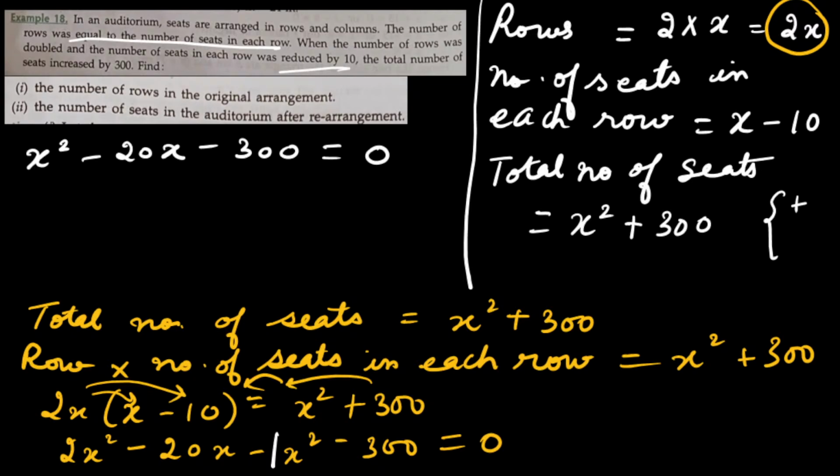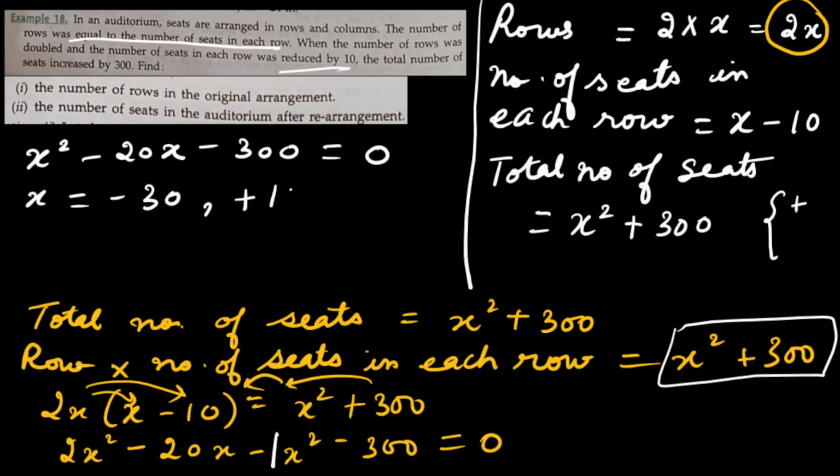Total number of seats we can also get by number of rows into number of seats in each row, and that is how we multiply these two. Tell me the value of x so that we can write the answers. Minus 30 and plus 10. So x equals minus 30 or plus 10.